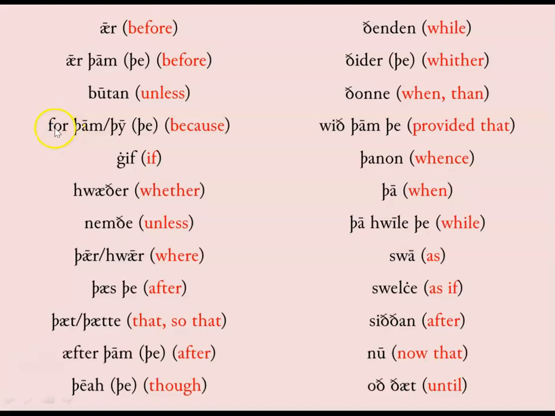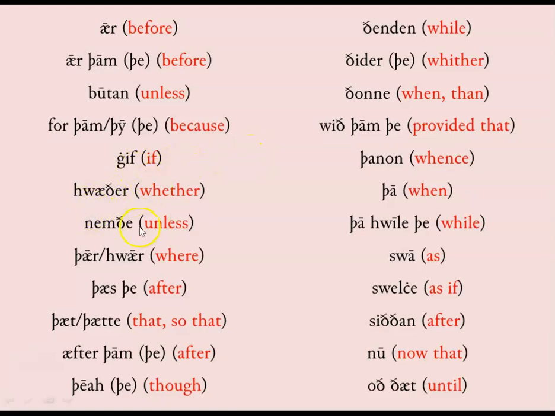So there's quite a few combinations you're going to find. Sometimes the one modern English word "because" is expressed by three words put together: for thæm the, or for thy the, or maybe just for thæm, or maybe for thy. So you've just got to look out for that. There's a bit of variation there.